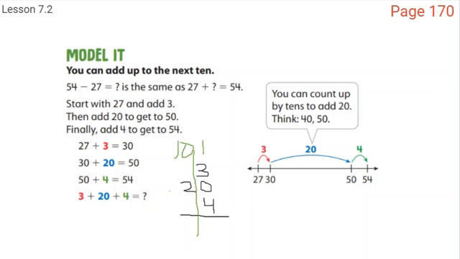And I need to make sure that this is addition. Okay, 3 plus 0 is 3. 3 plus 4 is 7. 0 plus 2 is 2. 2 plus 0 is 2. Same answer, just a little bit different model. I want you to work on it like this.